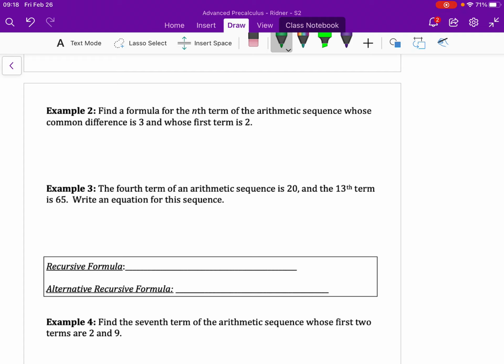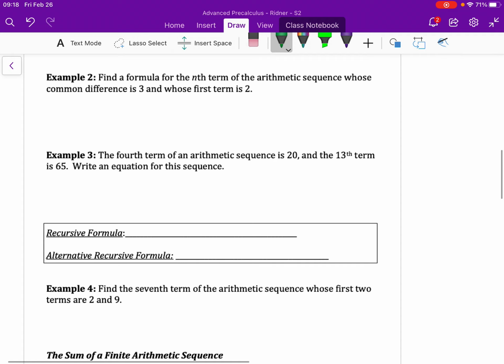All right, so if we want to find the formula, we could use the a sub n one. However, for time's sake, I'm going to keep on rolling here. So the recursive formula is a sub, let's see, is this one, which we won't use very much.